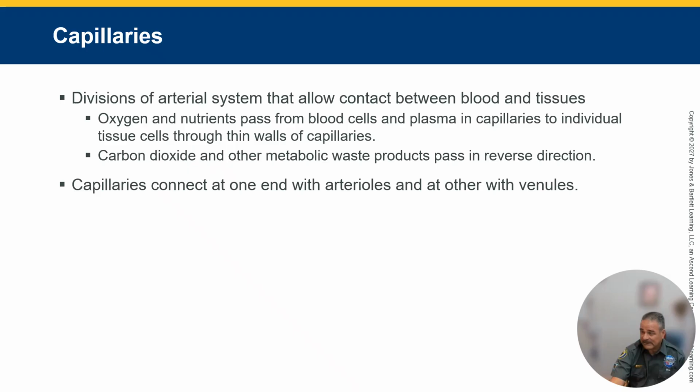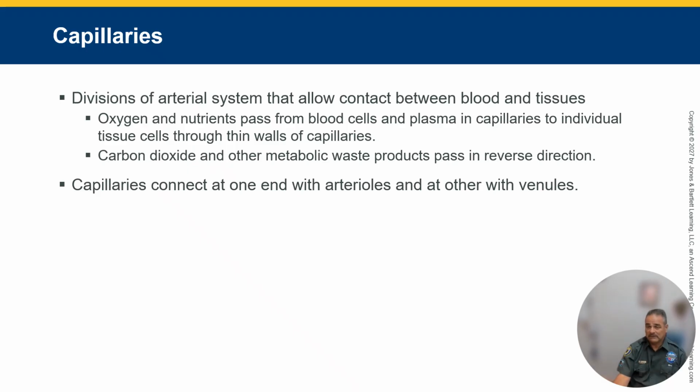Capillaries connect directly at one end with the arterioles and at the other end with the venules. Please remember that. The arterioles, remember this is in the systemic side. This is out here, not in the pulmonary side. This is out here in the body. The arterioles carry oxygen and the venules take the carbon dioxide away to return it back to be expelled on expiration.